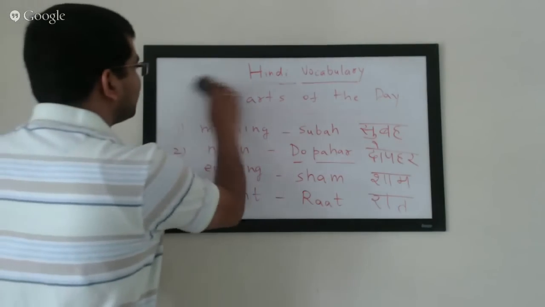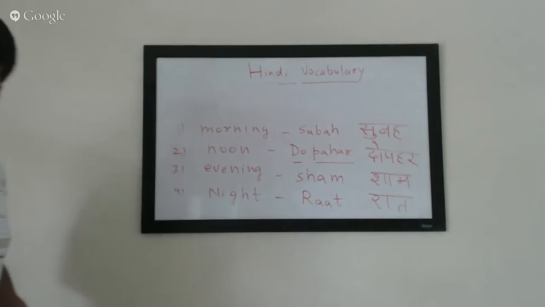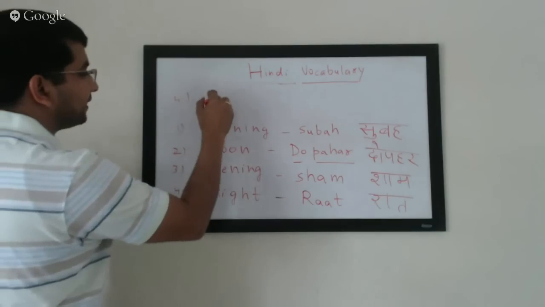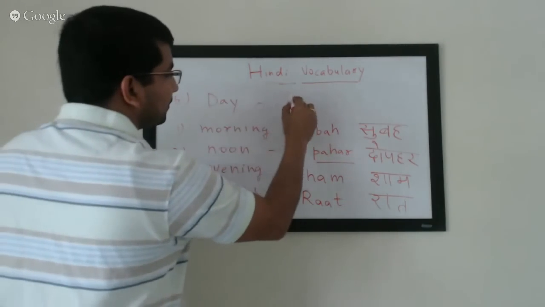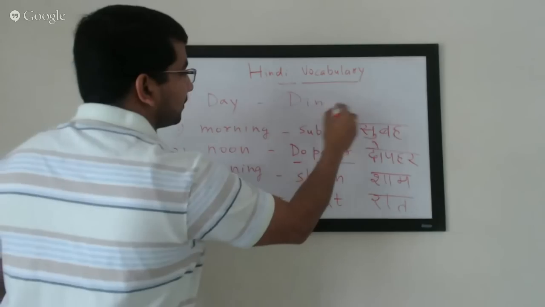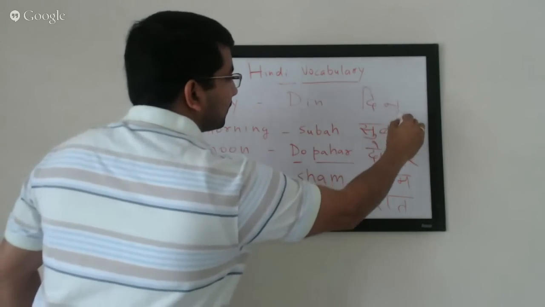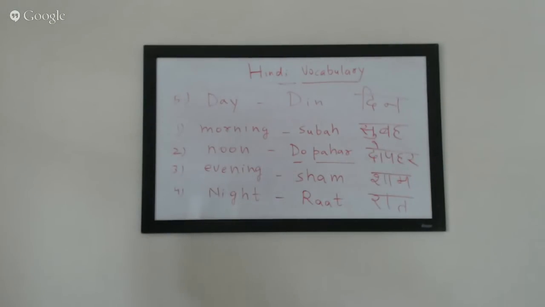I'll actually write down one more so that way we'll complete all of them. The fifth one I have here is called din, which is like day. A generic word for a day would be din. Din, right?